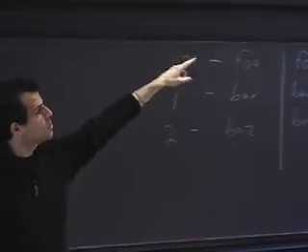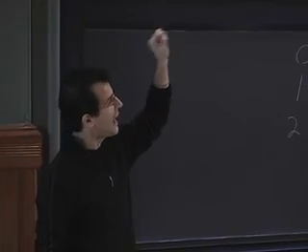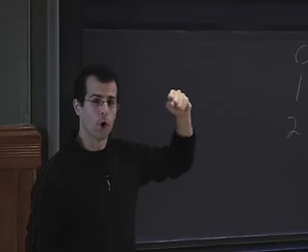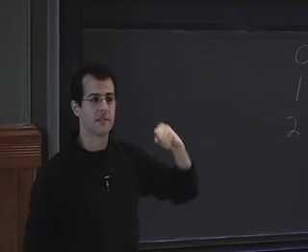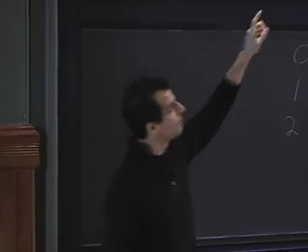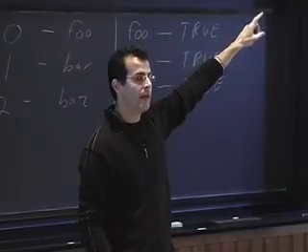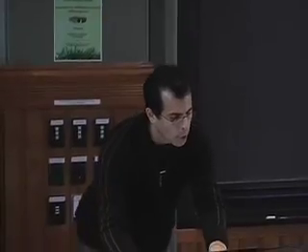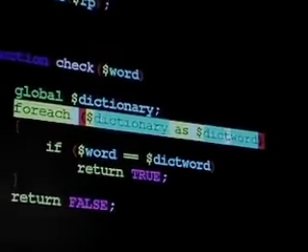So notice what I'm essentially doing is flagging as true a bit to tell me which of the words in this file I've seen before. That is to say, I'm setting a bit to true for every word that is in the original dictionary file. So what does that mean for my check function? Well, no longer now do I have to iterate over the whole darn dictionary to find the word.